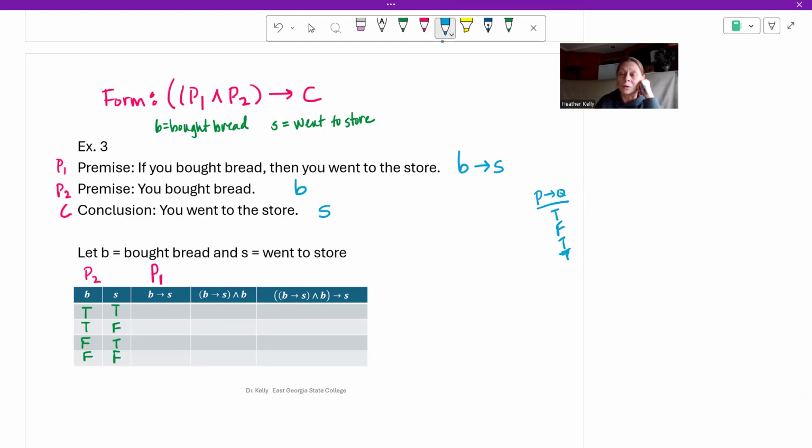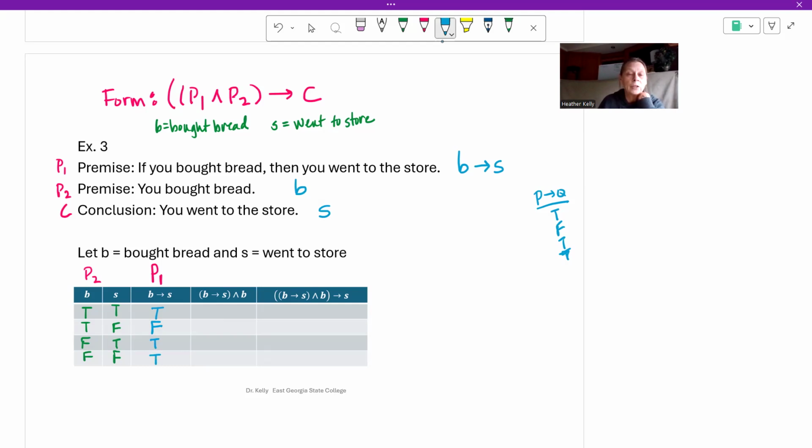And we explained that in last class. So if you're not sure why, you can go back and take a look, do a little bit of research, or you can just trust the table. Okay, so this one is going to be true, false, true, true.